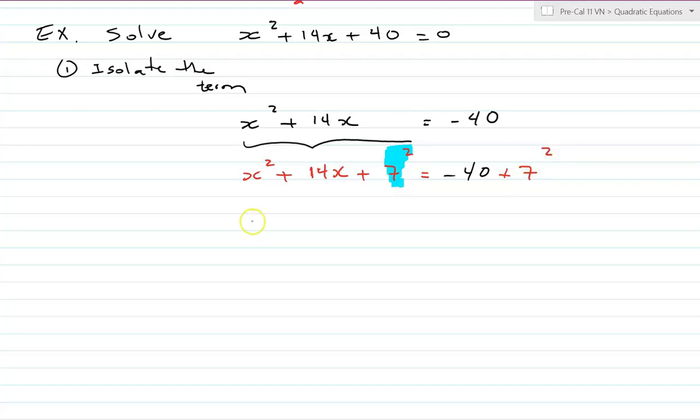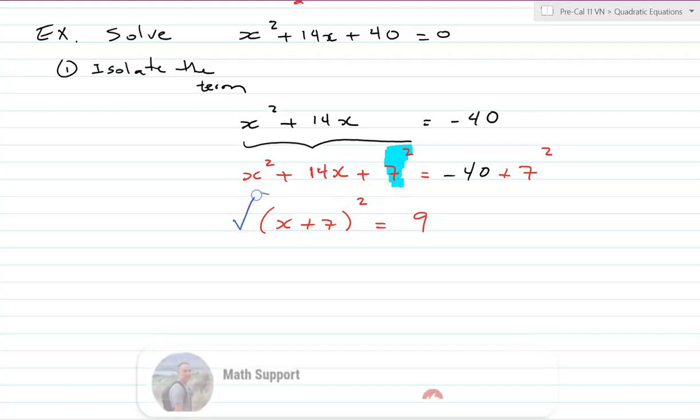Now we go ahead and rewrite. So this becomes x plus 7 all squared equals minus 40 plus 49. That would be positive 9. Great. Now that we have that, we're going to go through and solve. You already know how to do that. This is the power of 2. We need to undo, or use the inverse operation of, exponent 2, which is going to be a square root.